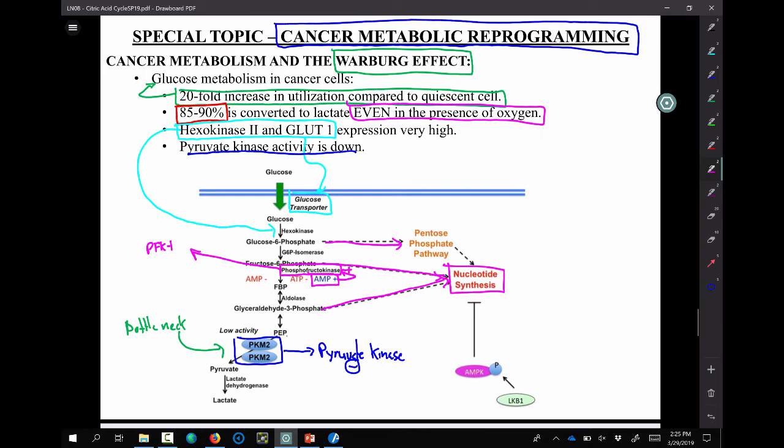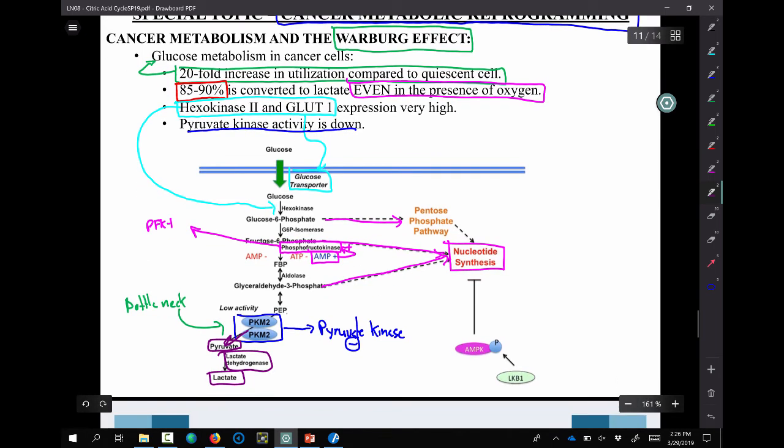Now, any pyruvate, not all of it, but again, 85 to 90% of it that slips through here, lactate dehydrogenase will make most of that into lactate. If you remember, this is going to recycle NADH.